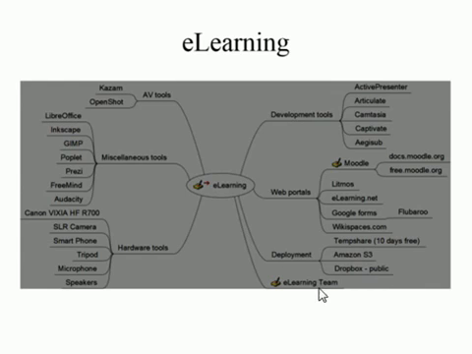So then, of course, you need the e-learning team. Back to the team again. If we don't have a team, we're not going to create anything, right? So the audio-visual tools, we have Kazam, OpenShot. What I mean by audio-visual is, if we're going to capture video, you need to edit it.